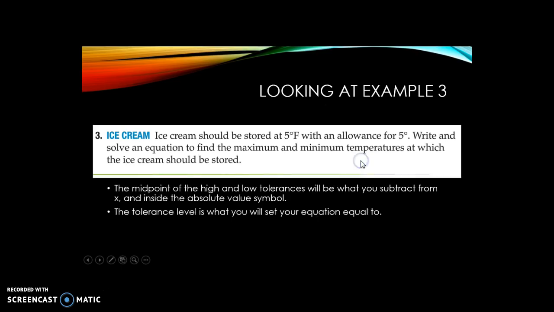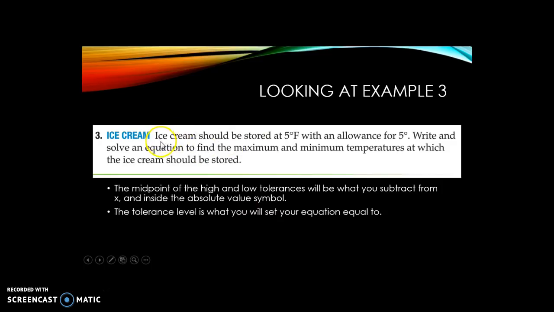Okay? Now, story problems. Ice cream should be stored at 5 degrees with an allowance of 5 degrees. Write and solve an equation to find the maximum and minimum temperatures at which ice cream should be stored. The midpoint of the high and low tolerances will be what you subtract from x, inside the absolute value symbol. Okay?